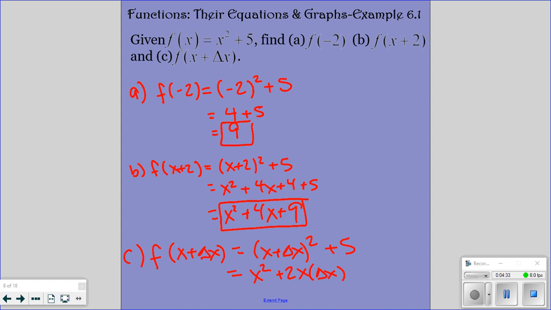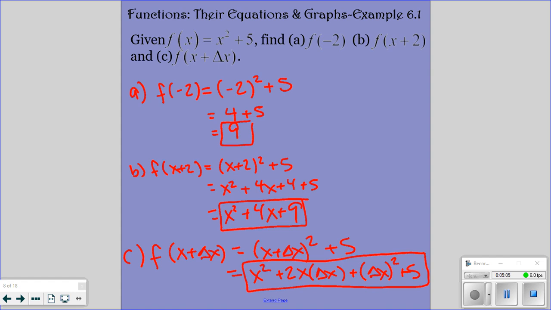So don't try and make that delta x squared or anything. Keep them separate. And the best way to do that is just to keep delta x in parentheses separated from the x. So 2x delta x, and then plus delta x squared. And so that distributes everything. And then we have the plus 5. None of these terms are like, so we can't combine it any further than leaving it right there. So that's your answer for part C.